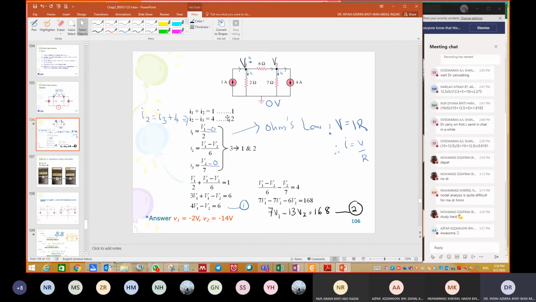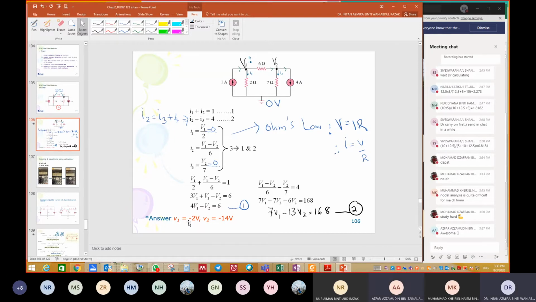If you do not have a round number here, please make it equal to 0. Same goes for the other equation. Rearrange in terms of V1, V2 equal to round number, and then solve using calculator. Now, did you get the answer of V1 and V2?